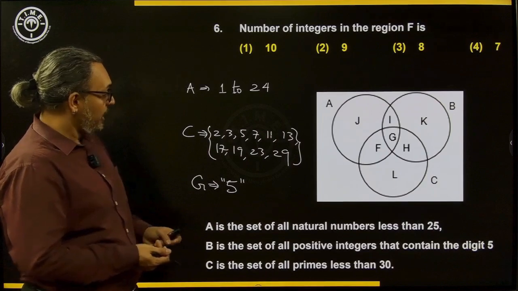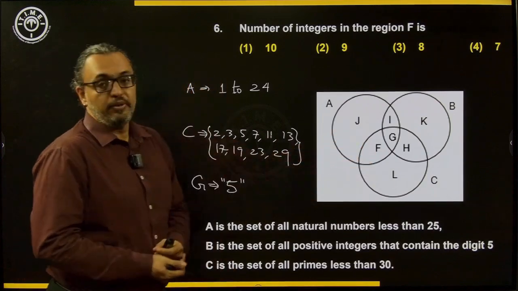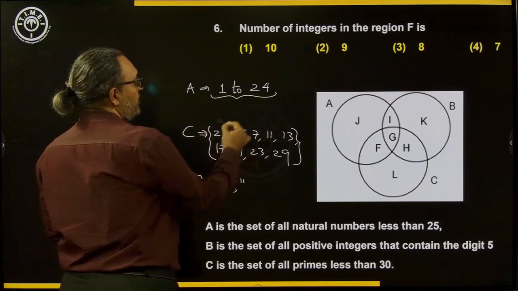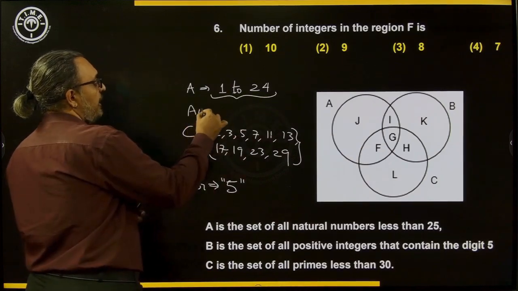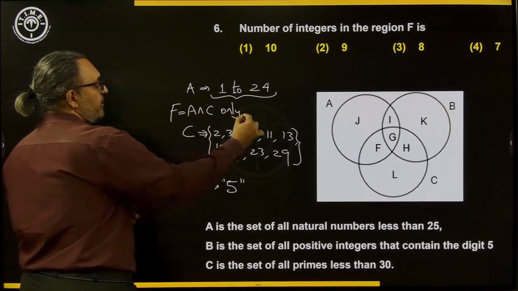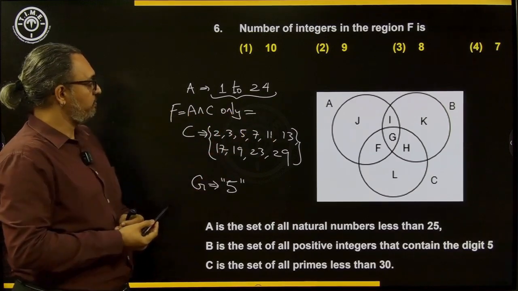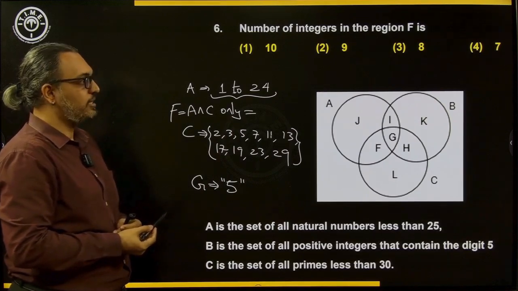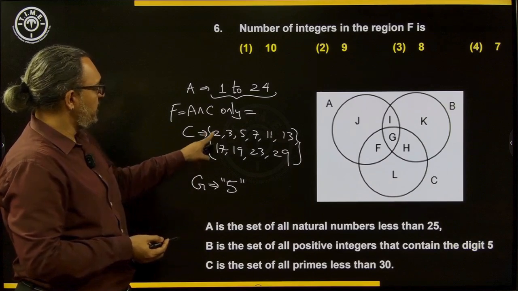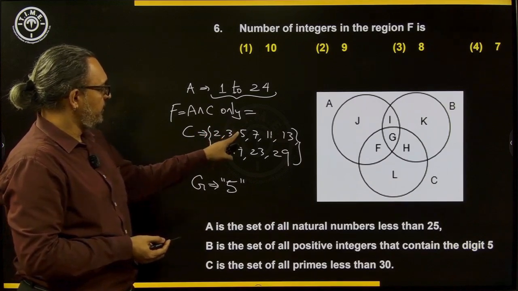That means for F, now it is common to A and C. Now what are the numbers that are common to A and C? So now this is A intersection C only, that is F. So what are the numbers that are common? So how many integers you get? So let us count. So 2 is there, 3 is there, 5 is not there.